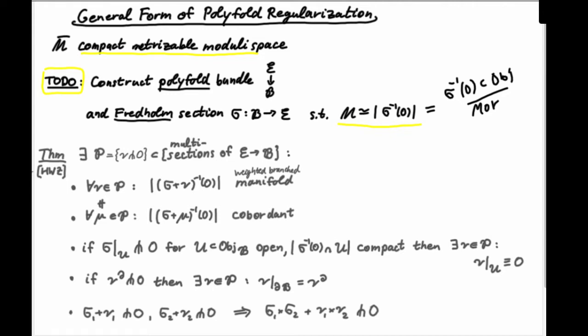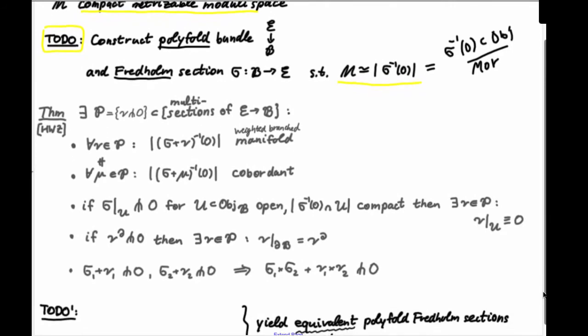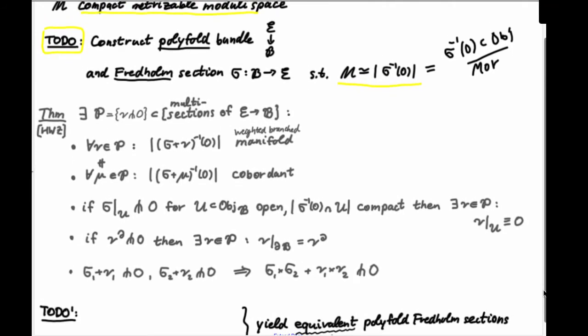And in that language, there is a rigorous theorem that I get pretty much by copying my wish list and putting Hofer-Wysotsky-Zehnder in front of it. So, whatever this notion of bundles is, there will be transverse multi-sections so that the zero sets of the transverse ones cut out weighted branched manifolds that are unique up to cobordism.